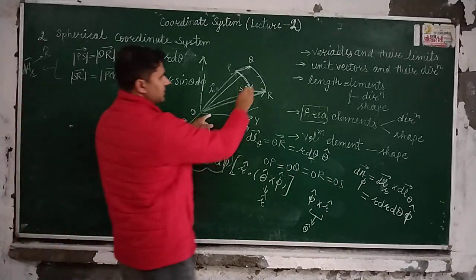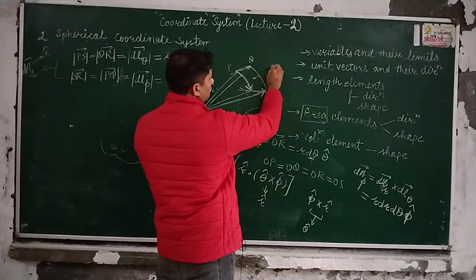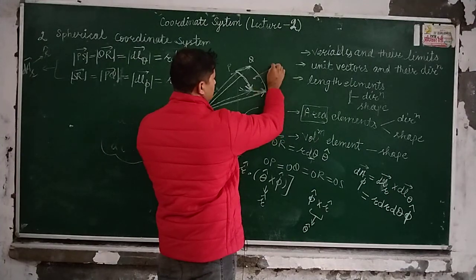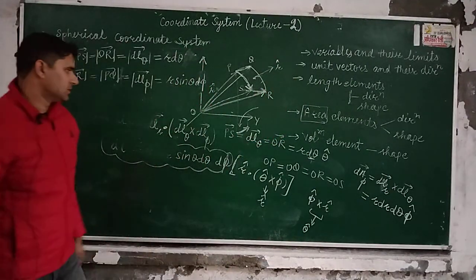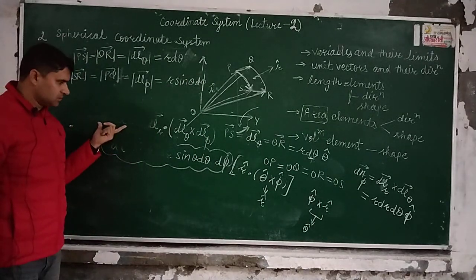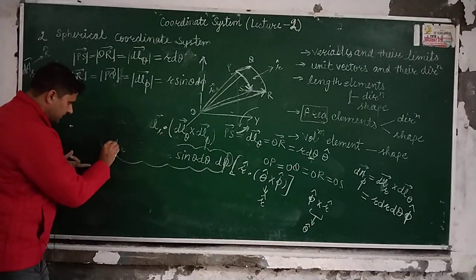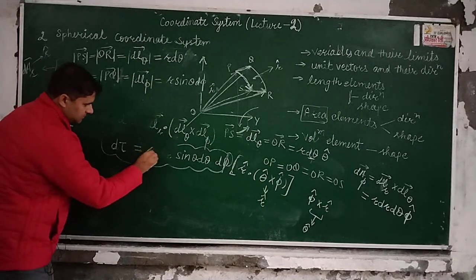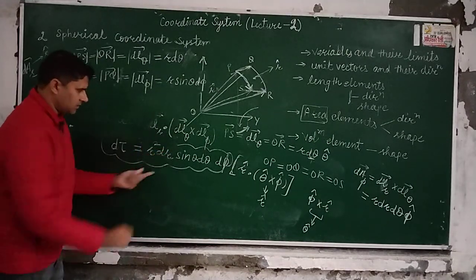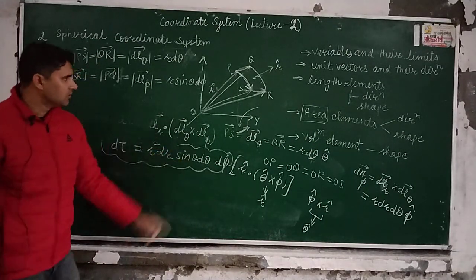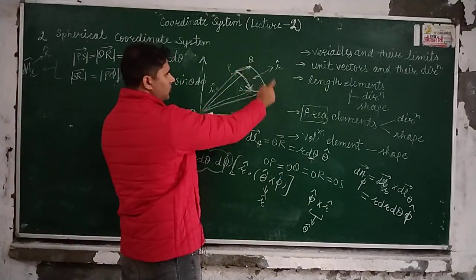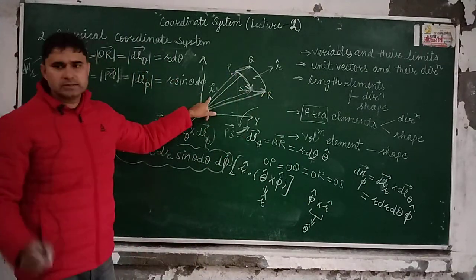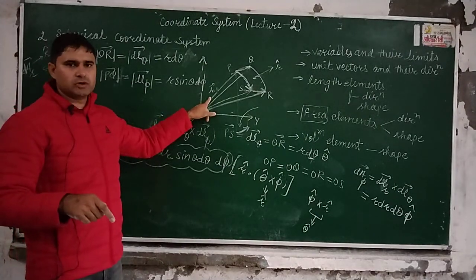You can see from here, if we take the normal from this surface, which gives us the direction, that will be r cap. Now we are to create the volume element d tau, that is r square into dr into sin theta d theta d phi. On this surface PQRS, r is the same, the radius is the same.